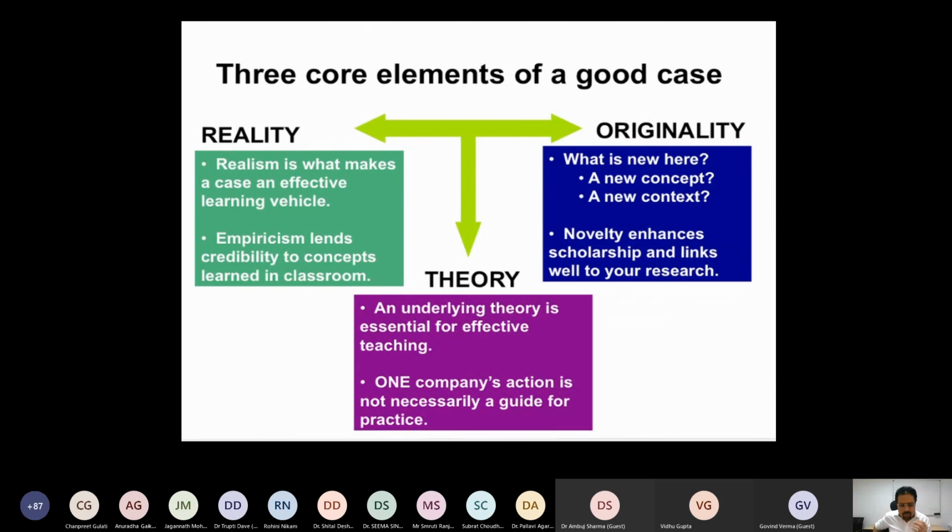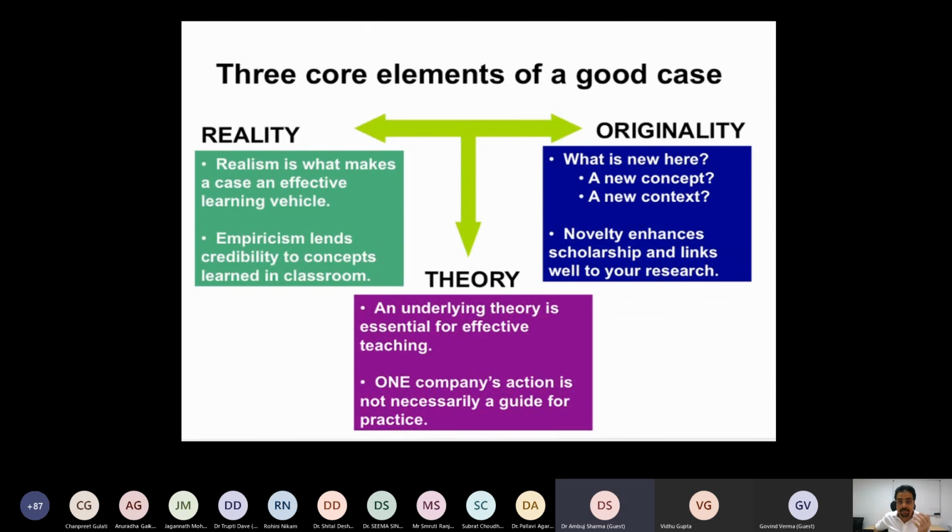Now, what we mean to say over here is it has to be original in the sense that if something has happened, I'll just replicate the same thing over here. It may work, it may not work. It's the context which decides whether it will work or not. So a new concept taken from a new perspective might just work.